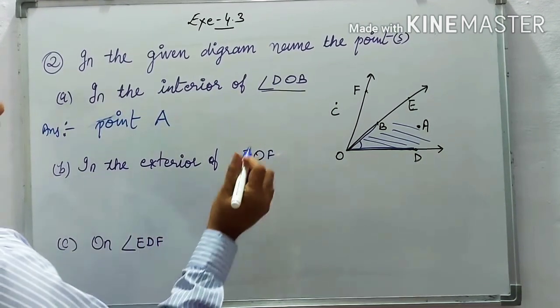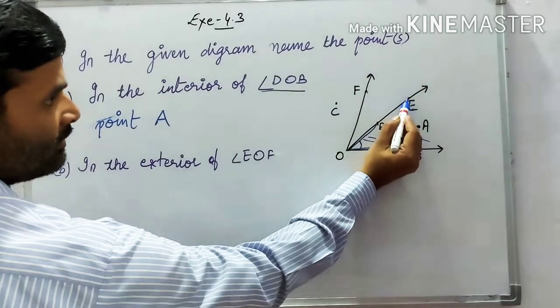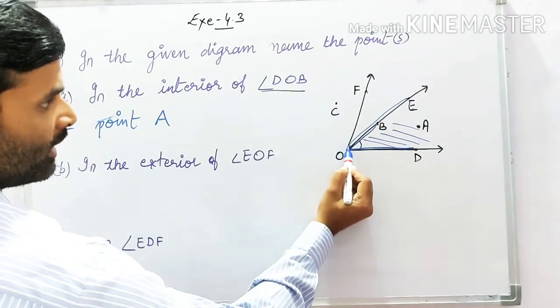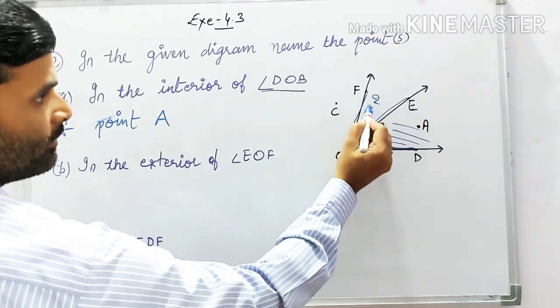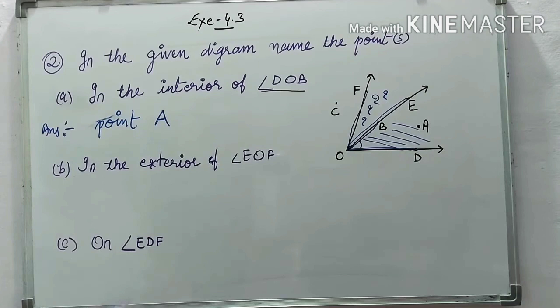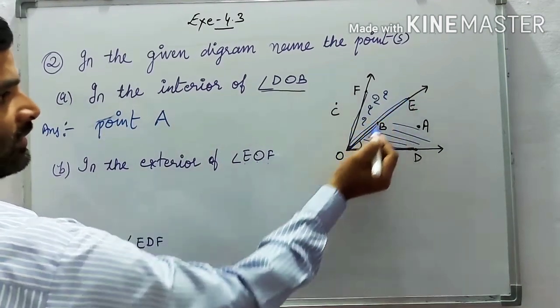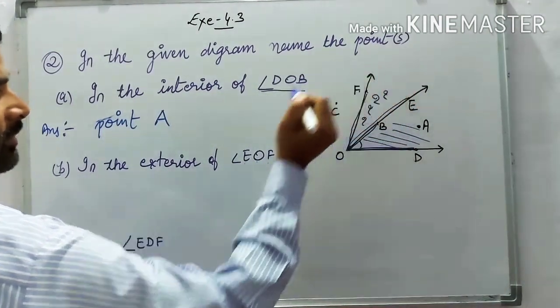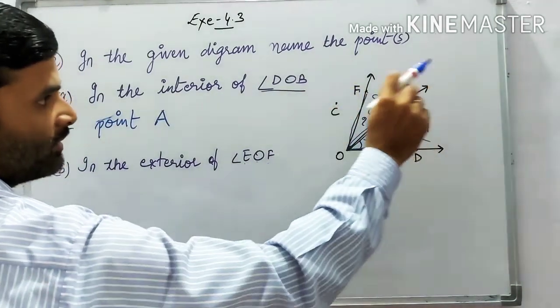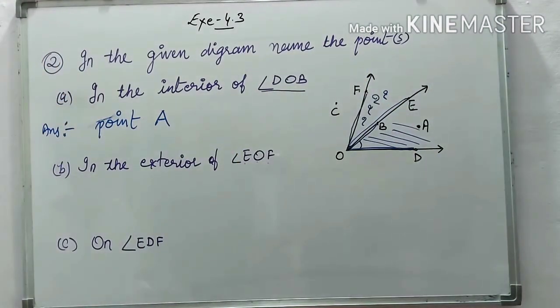Second is the exterior part of angle EOF. Where is EOF? Start at E, then O and F. This is angle EOF, and its interior part; the outside part is called the exterior part of angle EOF.